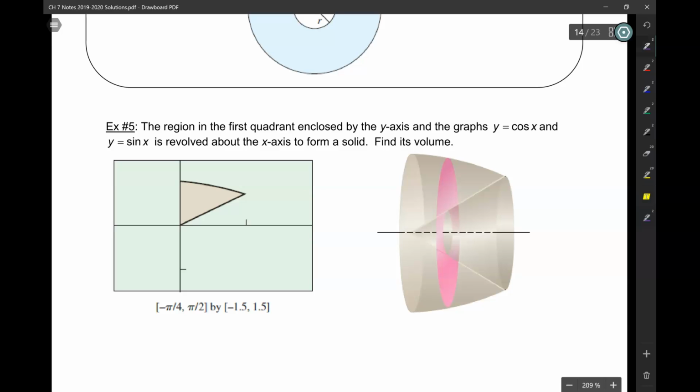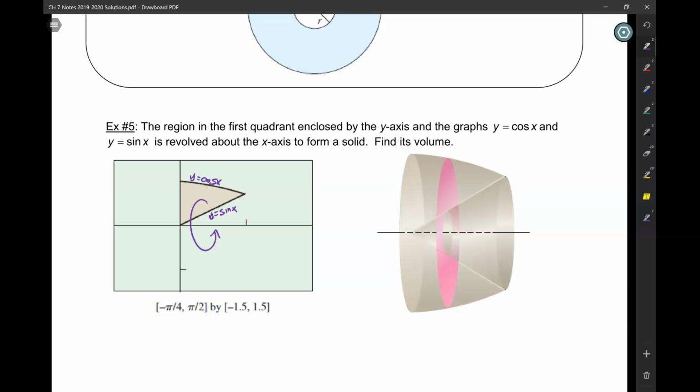Cosine is upper because it starts at y equals 1. So y equals cosine x and y equals sine x. This entire gray region is now being rotated around the x-axis. So imagine it being rotated, right? Imagine just this gray part being rotated like this.